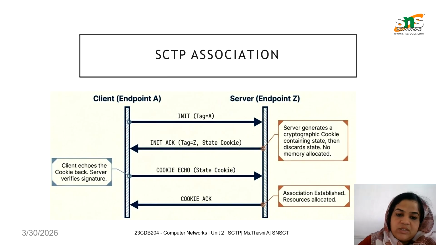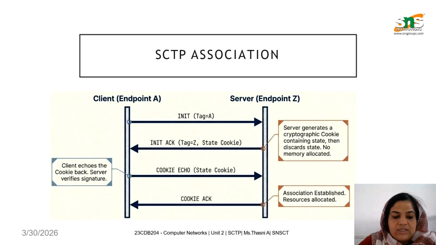So how is it associated with SCTP? One side is the client, called endpoint A, and the other is the server, called endpoint Z. In the initial stage, we initialize with tag A, and we get the acknowledgement with tag Z from the server, which generates a cryptographic cookie containing state, then discards the state.